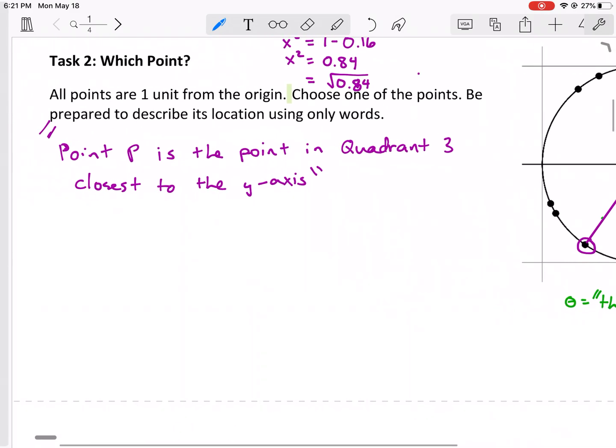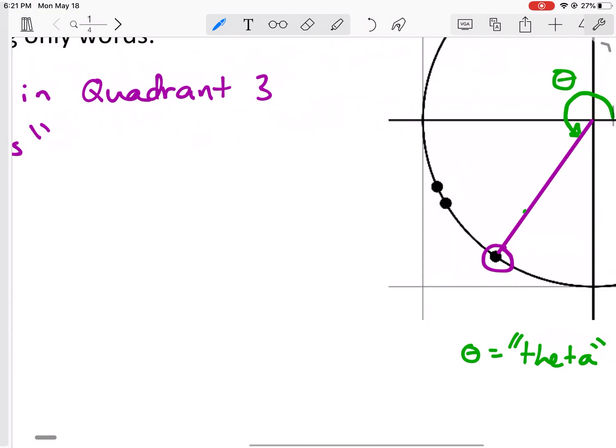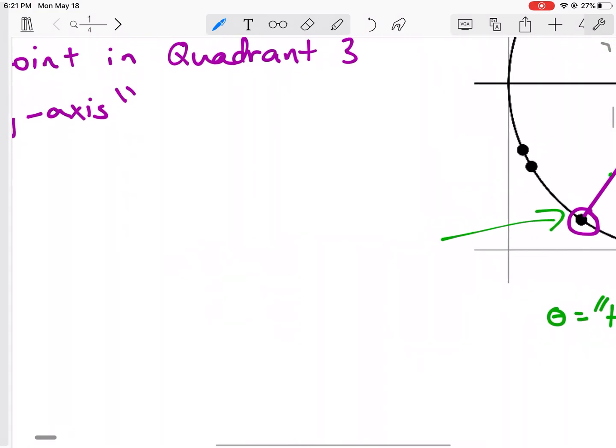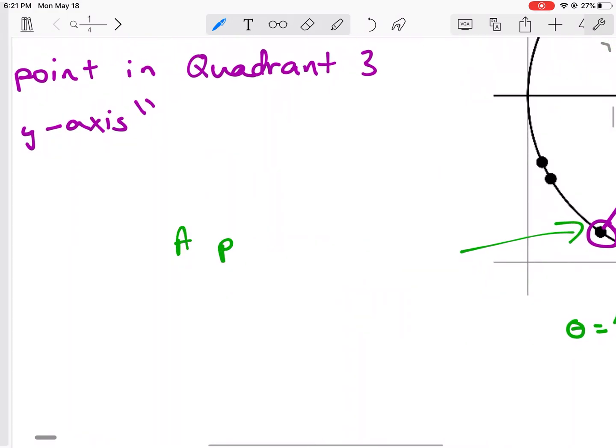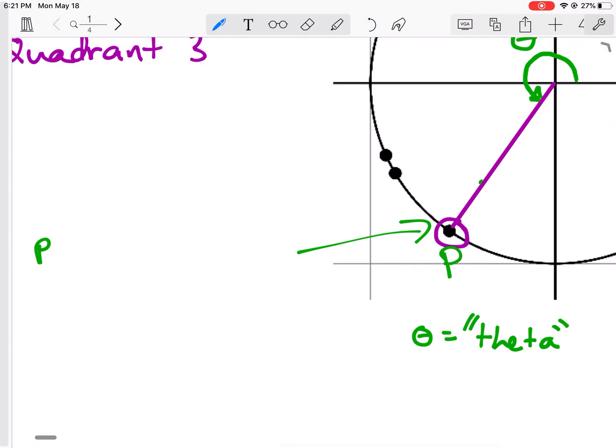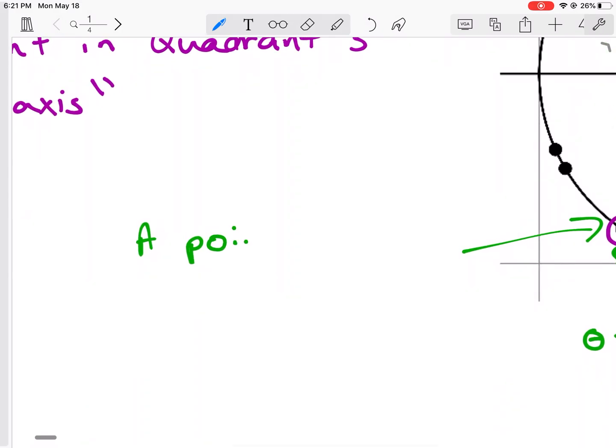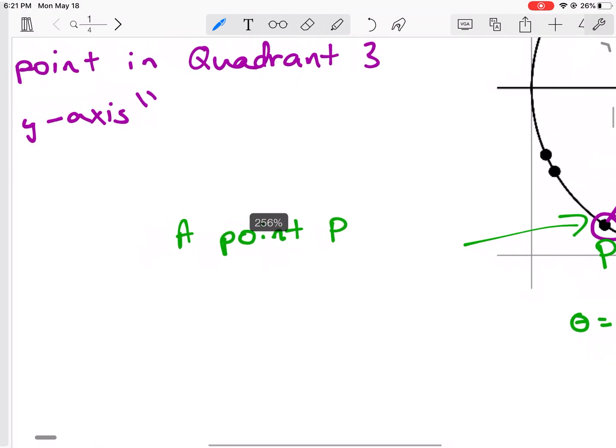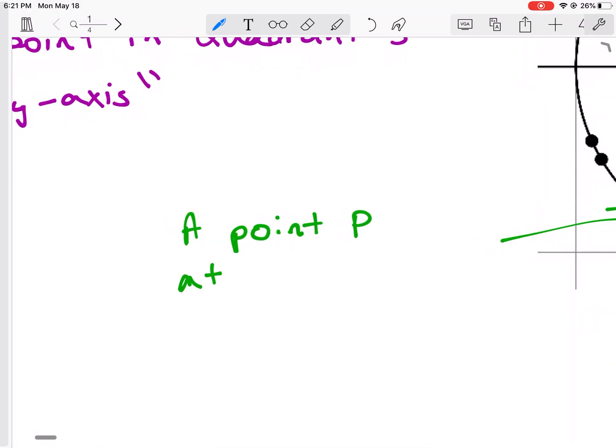So we could say this point is a point P, I'll call it P, at angle theta.